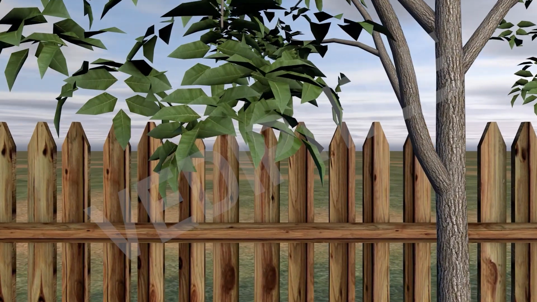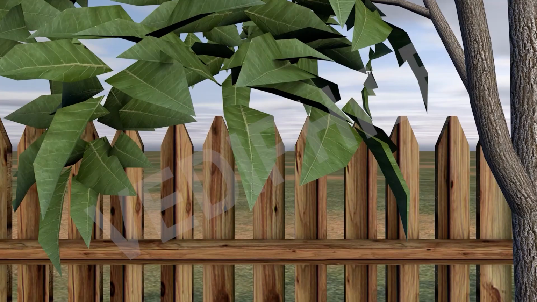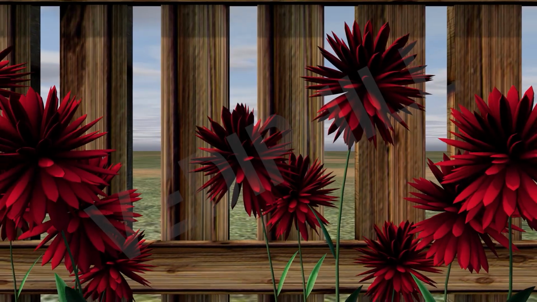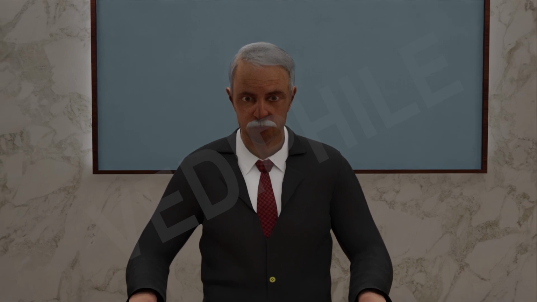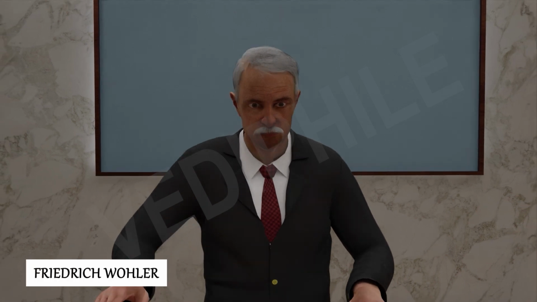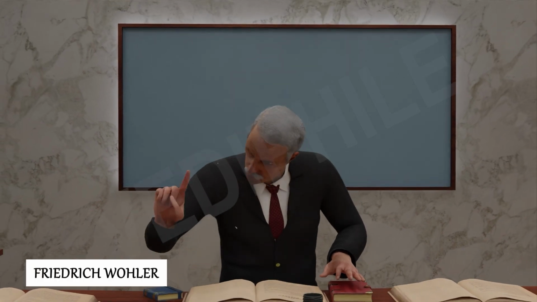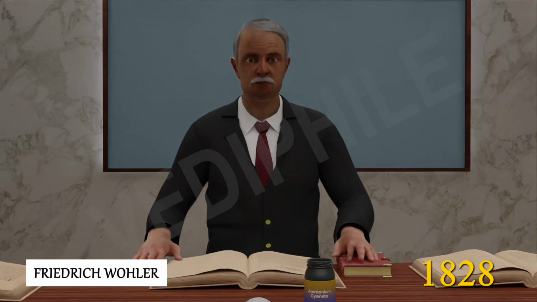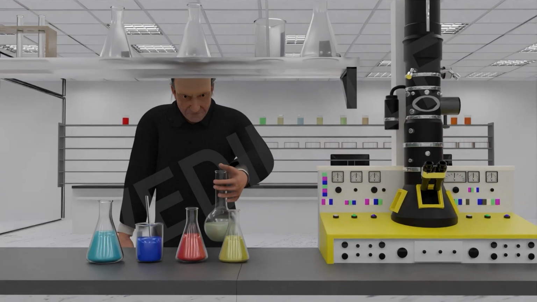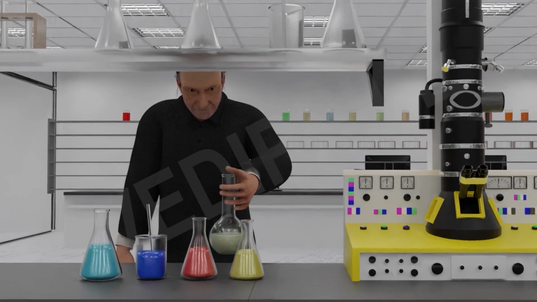That means it was thought that organic compounds can be synthesized only in a living system. But a scientist named Frederick Wohler disproved this. He prepared urea from ammonium cyanide in 1828 and he proved that organic compounds can be prepared in the lab also.